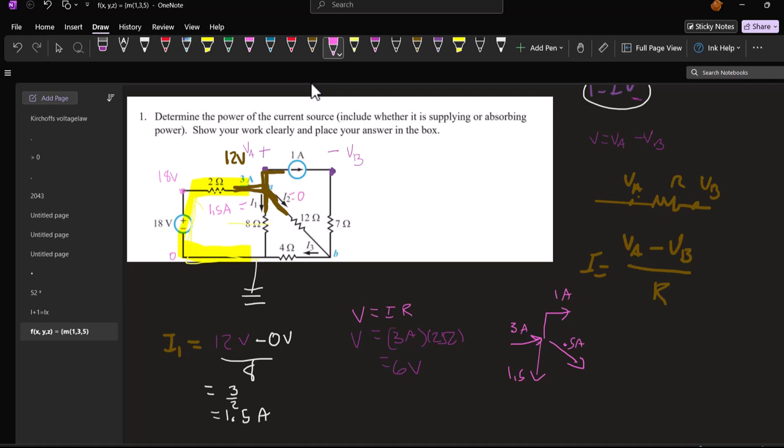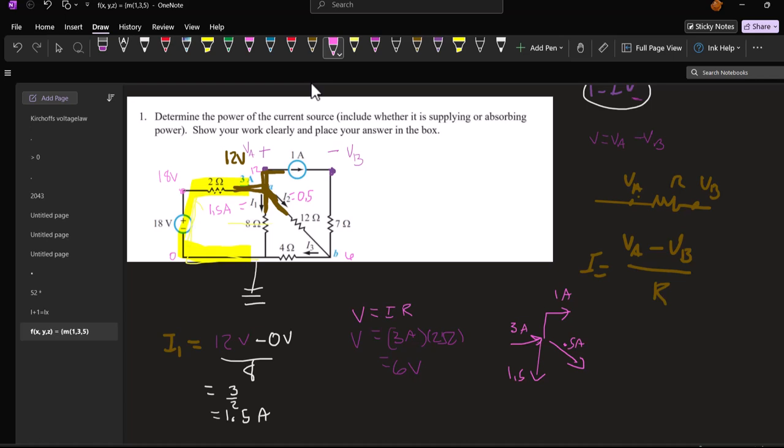If I2 is 0.5 amps, that means across this 12 ohm resistor I have another drop of 6 volts, because the drop is the current times the resistance, so it's 0.5 times 12, which is 6. And so if I was at 12 volts right here, I'm at 6 volts right there.